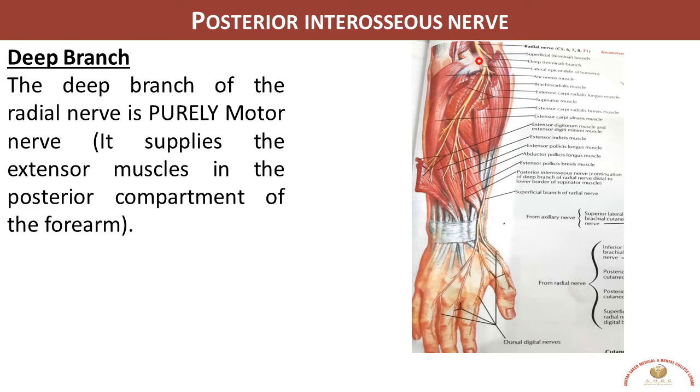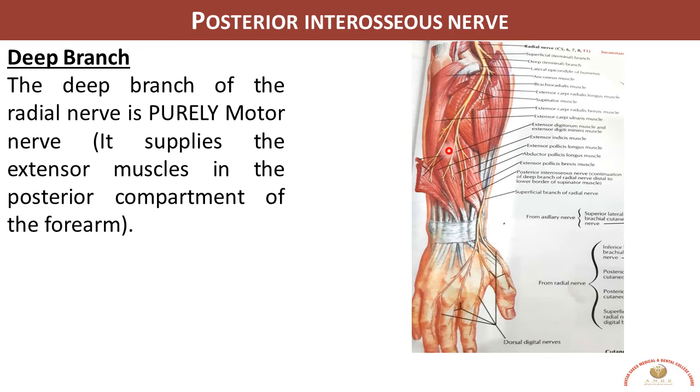Here you can see its deep branch coming backward and the superficial one going anteriorly. This deep branch enters the posterior part through the supinator muscle, and runs in the fascial plane between the superficial and deep extensor muscles, in close proximity to the posterior interosseous artery.